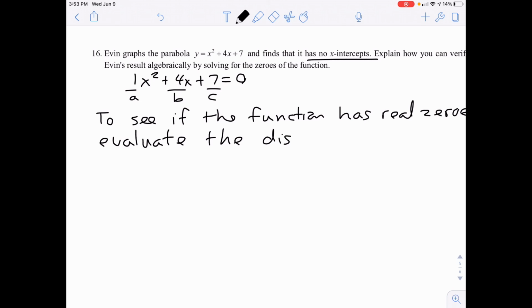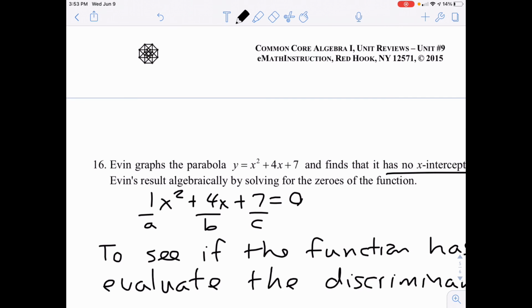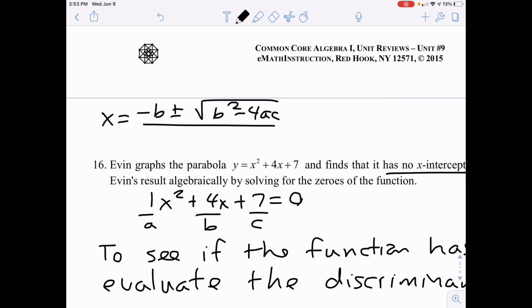Now, what is the discriminant again? Well, if you look at the quadratic formula, x equals negative b plus or minus the square root of b squared minus 4ac all over 2a. The discriminant is this value right here, b squared minus 4ac.